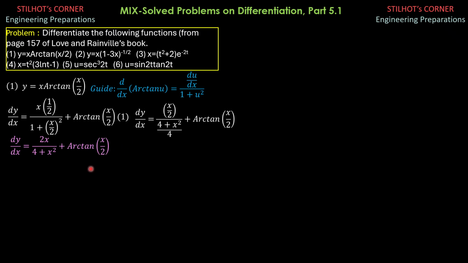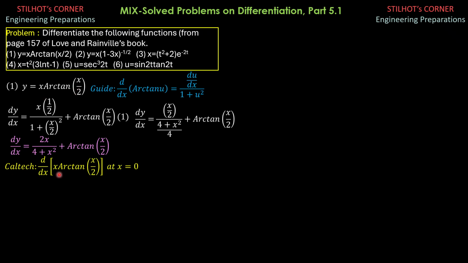Now, for checking purposes, because high-tech calculators nowadays can evaluate definite integrals, and this is also definite differentiation, you can try any value of x that will make the original function defined. So for instance, my suggestion is using your calculator, the derivative of x times arctan of x over 2.